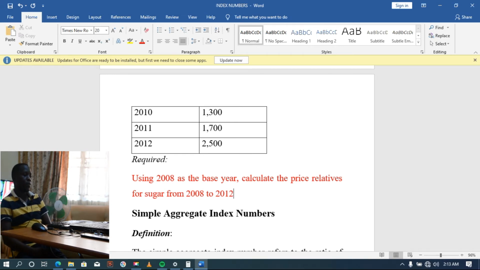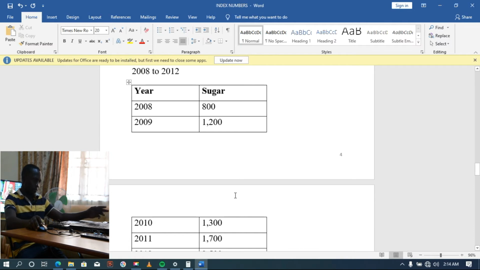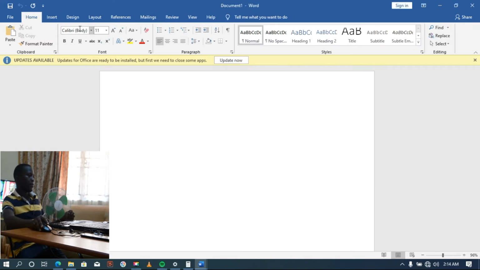So we are going to try and find the price relatives of this commodity in those respective years. Let's try to find that.